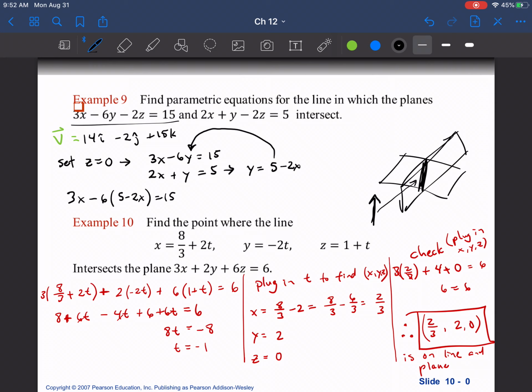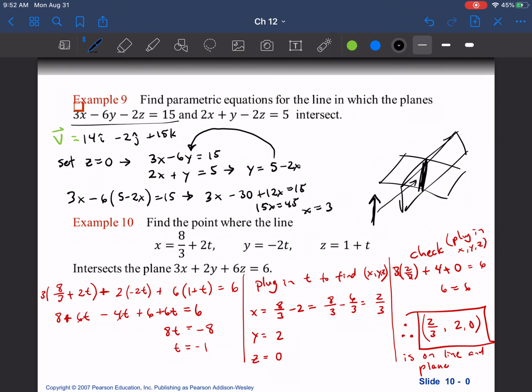If I go through and solve this for x, I'm going to end up with 3x minus 30 plus 12x equals 15. And so this gives me 15x equals 45, which means x equals 3.